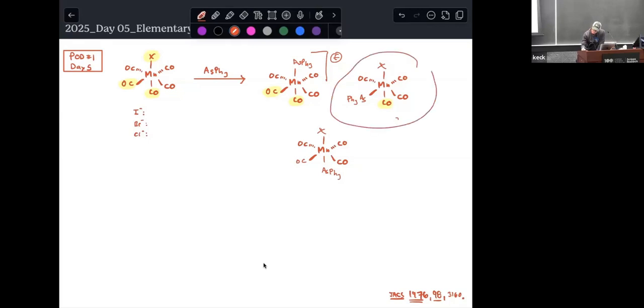Yeah, but then it doesn't answer your second. It makes it so that part B seems weird that you're asking. Okay, well, so the trans influence for all three of those complexes will be the same.